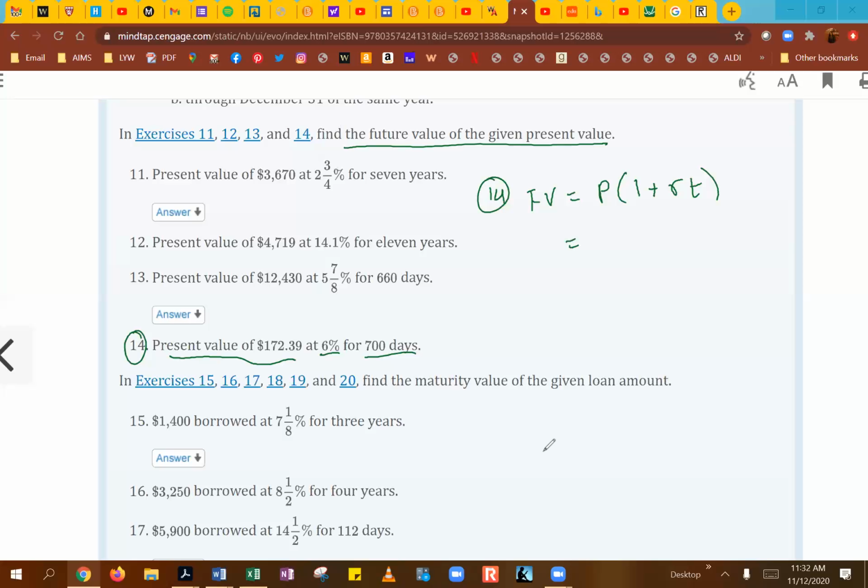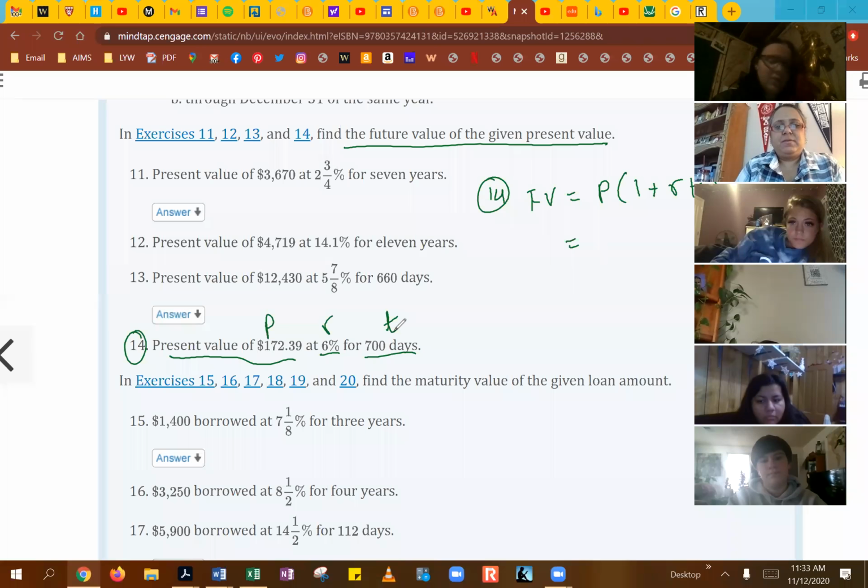Okay, so what do you guys have for this guy here? So remember, percents have to be converted to decimal. Time always has to be converted to years.